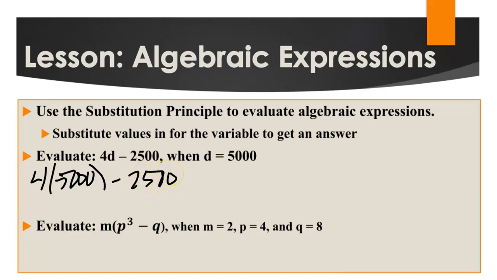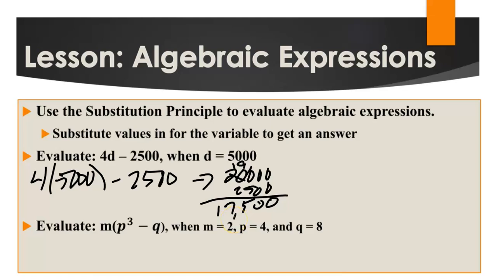So this is going to be 20,000, and I'm subtracting 2,500 from it. 19 minus 2 is 17, so 17,500.